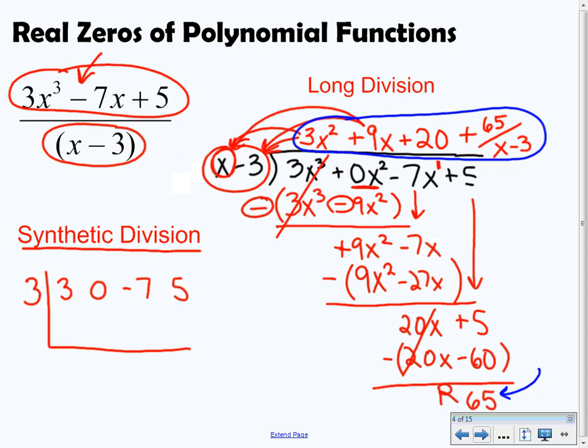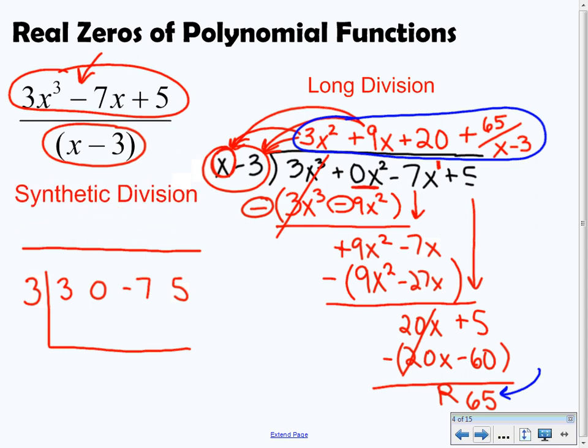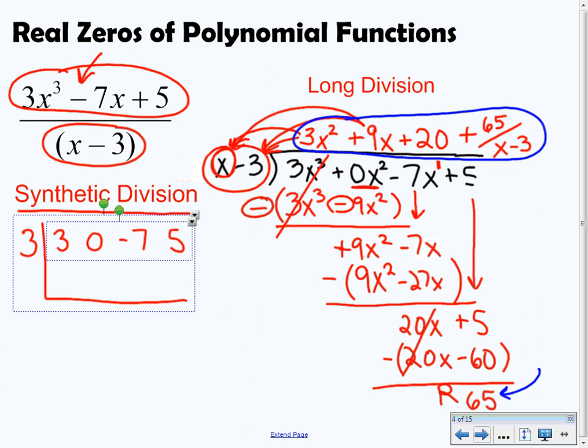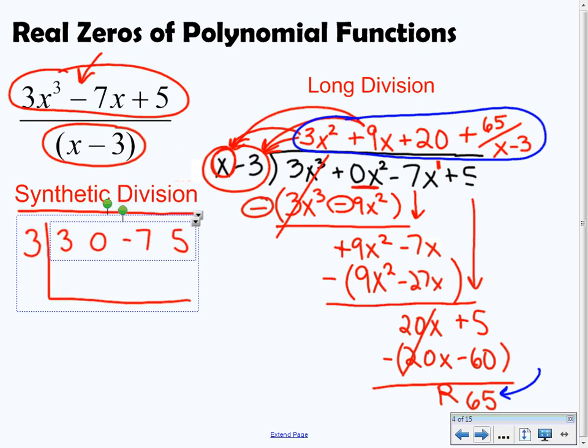Now let me show you synthetic division and why it'll be clear why we like synthetic division so much. Synthetic division doesn't take up as much room. It's a neat little kind of artificial way of doing it. What we're going to do to start with, as you can see, we write the zero of that factor out there. So it's x minus 3, but I put a positive 3 on the outside because that is the zero of that factor.